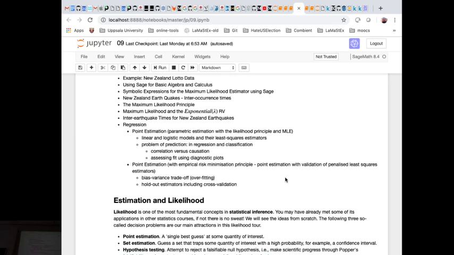We want theta sub n to get closer to the true theta, which specifies the law.